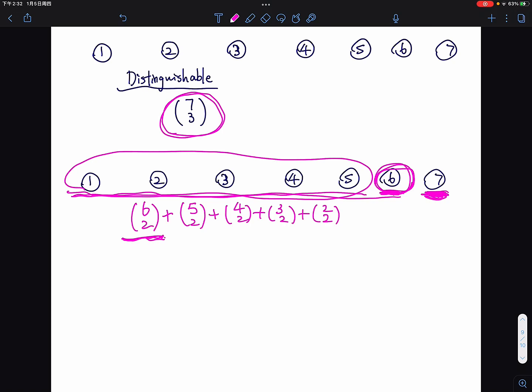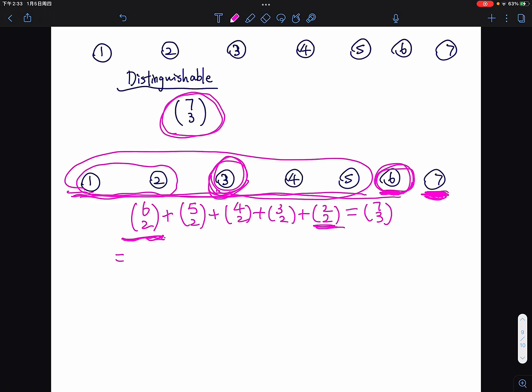According to this example, we're going to end up on the number 3, and in this case, we only have 1 and 2 left. So there's only one case, which is 2 choose 2, right? So if we were to sum that up, that is equal to 7 choose 3.